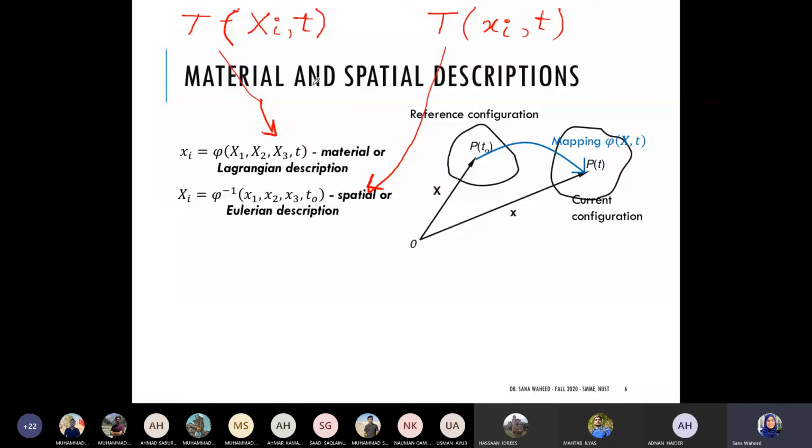The reason why we need to be clear about each of these is because, as I said, this one is used in solid mechanics, whereas this one is used in fluid mechanics. Now, what do these mean physically?